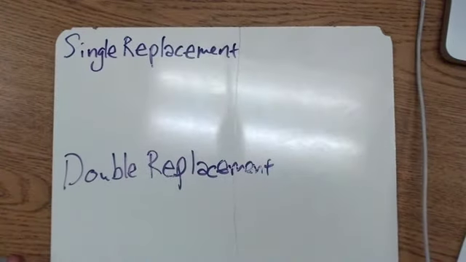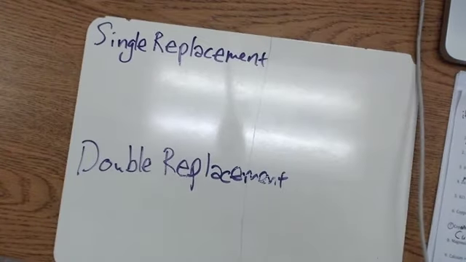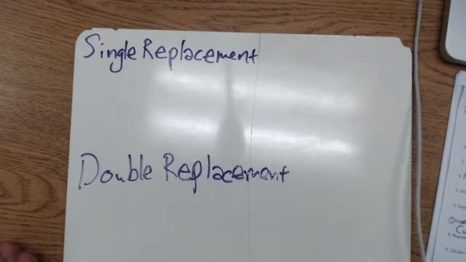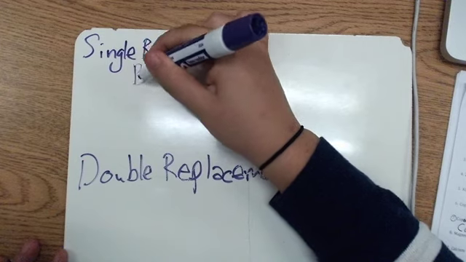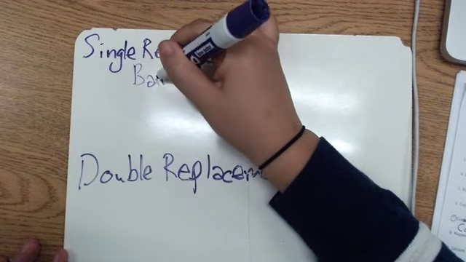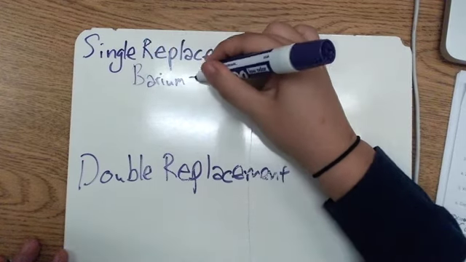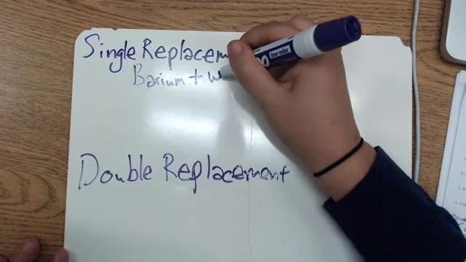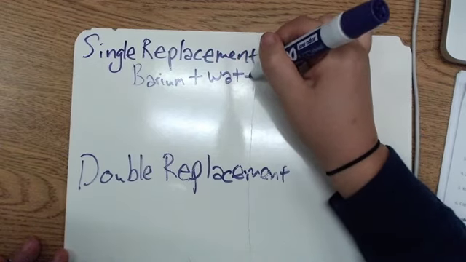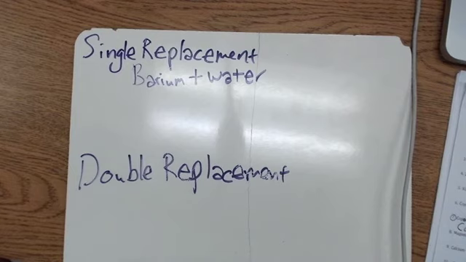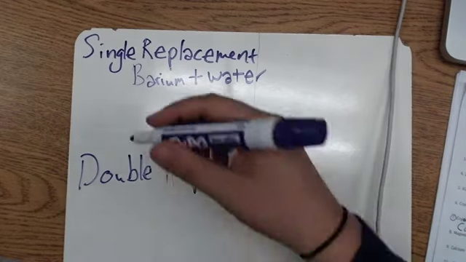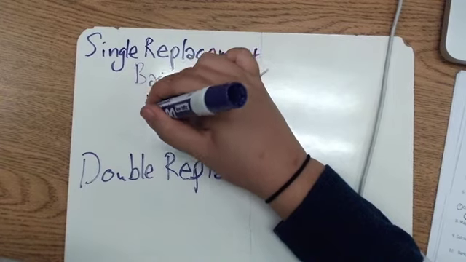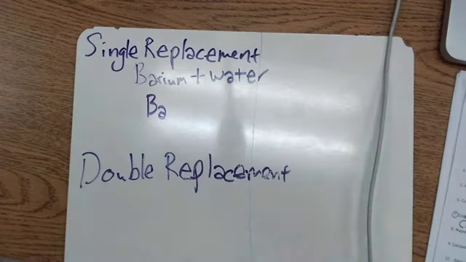All right. Now we get to the fun stuff. Let's do barium and water. Again, we don't worry about oxidation numbers when they're single. We're just looking for genuine. Barium is not genuine, so it's Ba and it's all by itself.